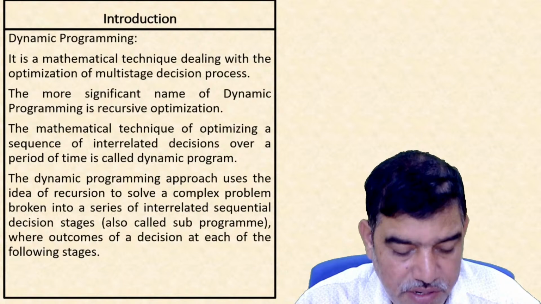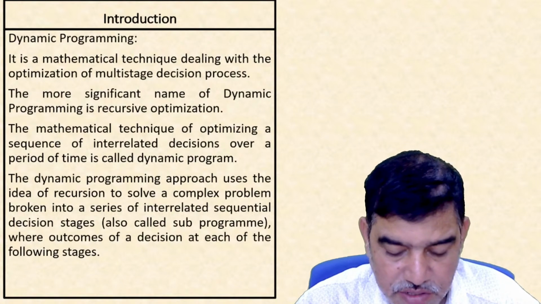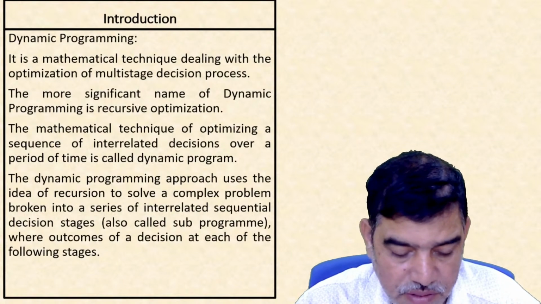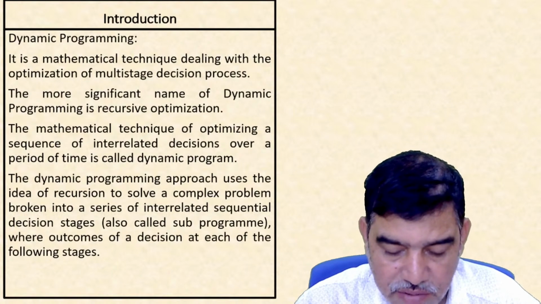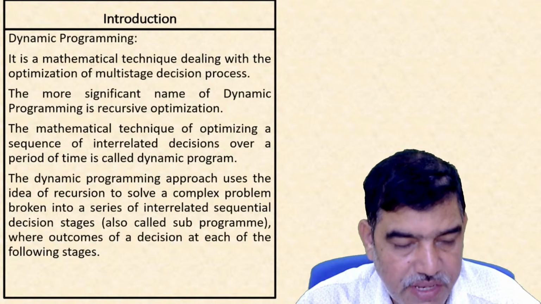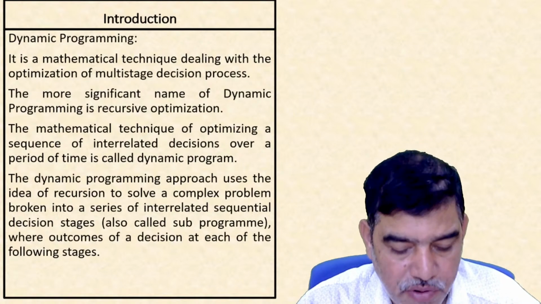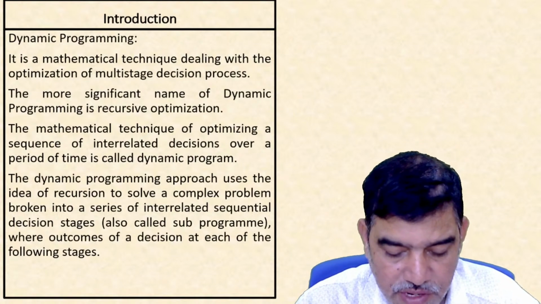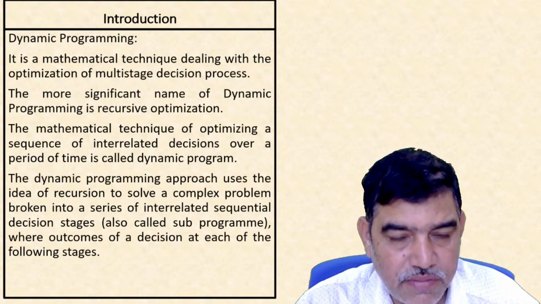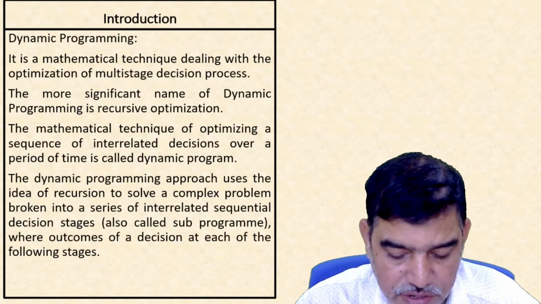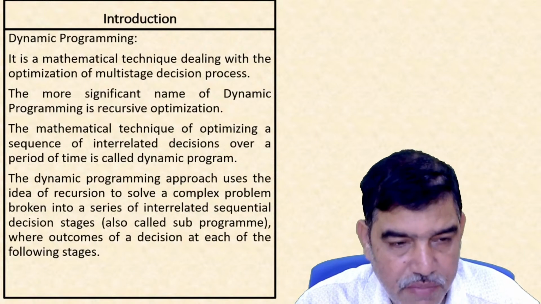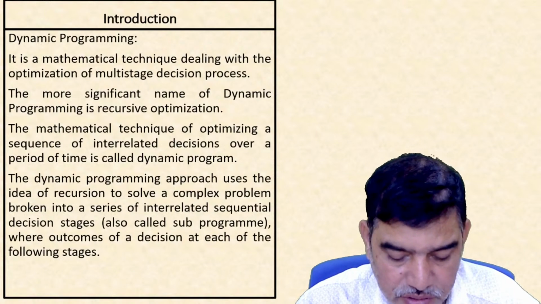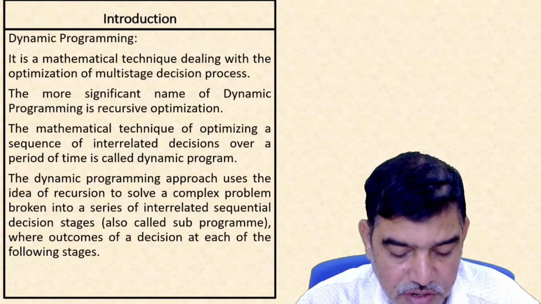So what actually happens? The decision-making process involves several decisions to be taken at different times. For example, problems of inventory control, evaluation of investment opportunities, long-term corporate planning, and so on require sequential decision making.